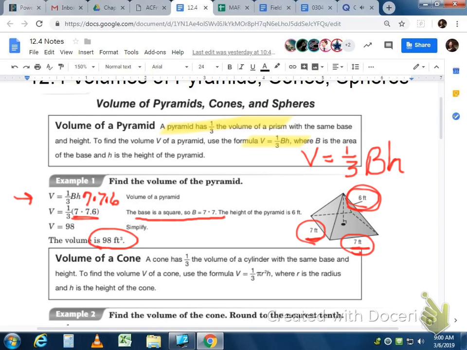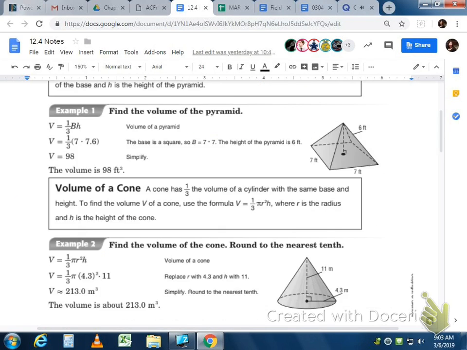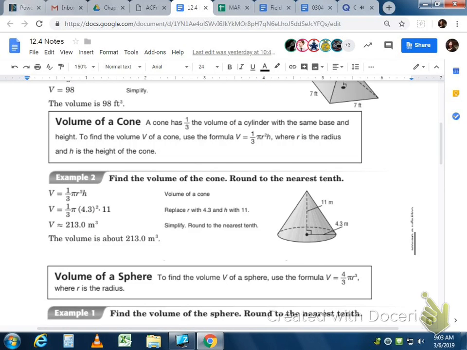So the key is it's 1/3 as big as that prism of the same dimensions. Cone. A cone is just like the cylinder, isn't it? Same ratio. A cone is 1/3 the volume of a cylinder. The good news about the cylinder is you always know what the base is.